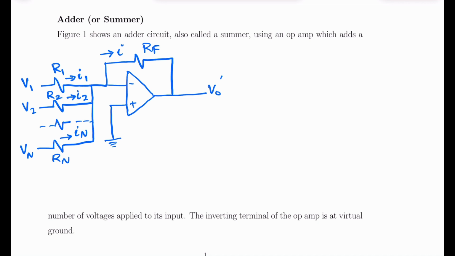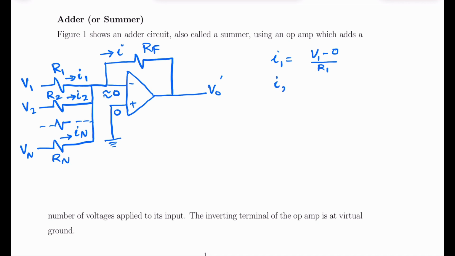As you see from the figure, the non-inverting input is grounded, so its potential is 0, and hence the inverting terminal is also at virtual ground. So potential here is also equal to 0. The current I1 is now given as V1 minus 0 upon R1.